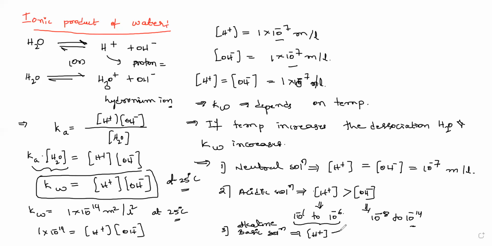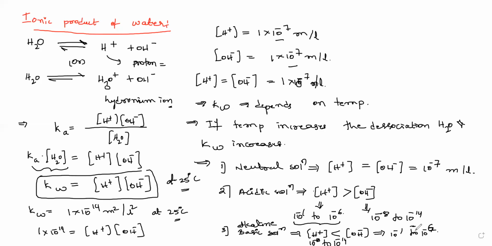The H plus concentration is less than the OH minus concentration. So based on this, the concentration of H plus is 10 to the power of minus 8 to 10 to the power of minus 14. The concentration of OH minus is 10 to the power of minus 6 actually. This is based on the H plus and OH minus concentrations.